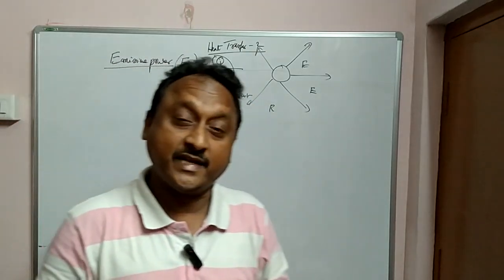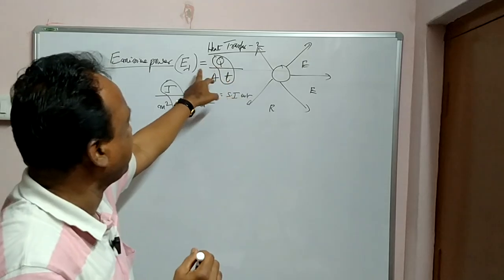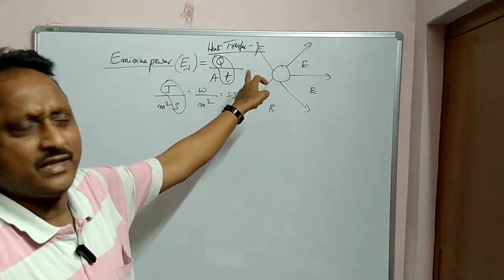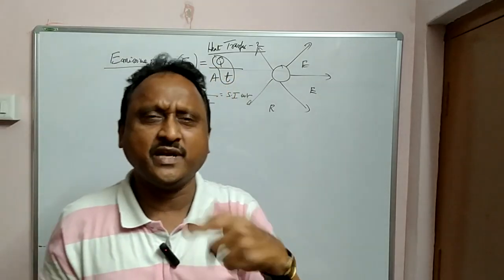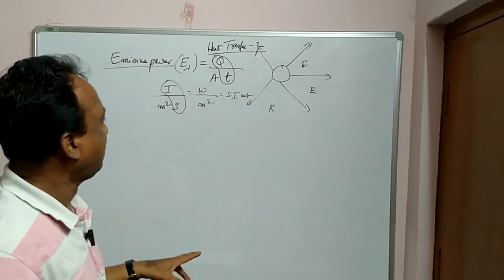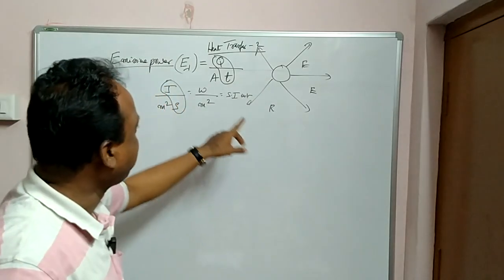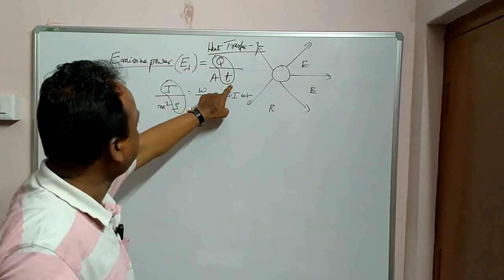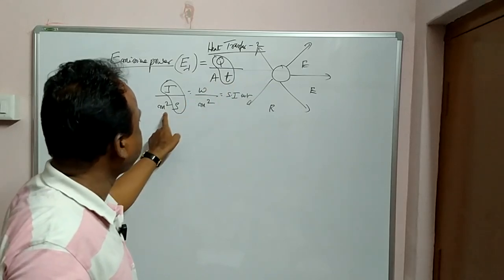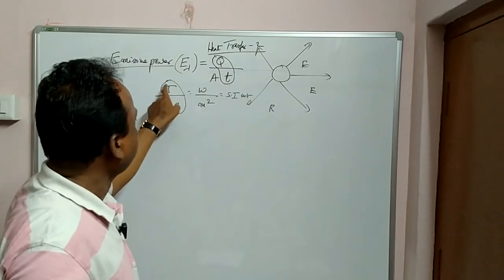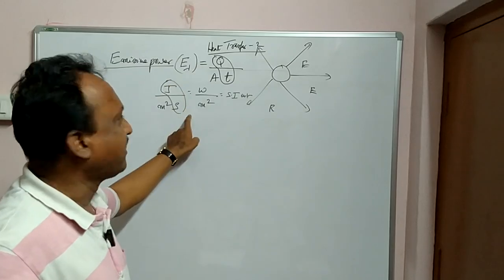The amount of heat energy at a particular wavelength, of course, it may be. That is why I am writing lambda. The amount of heat energy emitted per unit area in unit time of that body is called emissive power. The SI units are heat energy emitted per unit time, unit area: joule into meter square, time in seconds. Joule per second is again the rate of doing work, power.